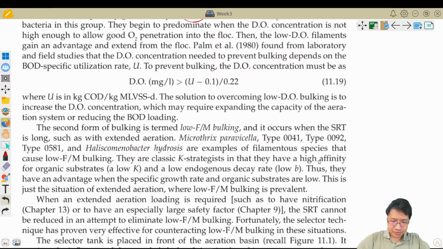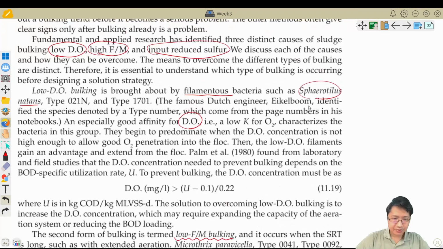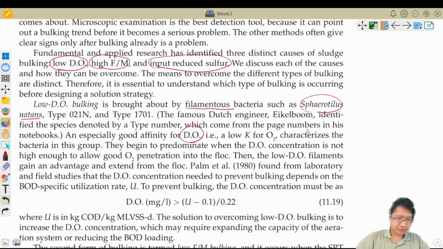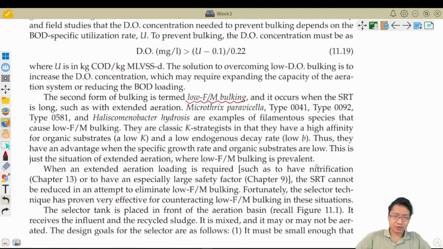And the other type is called low F/M ratio bulking.